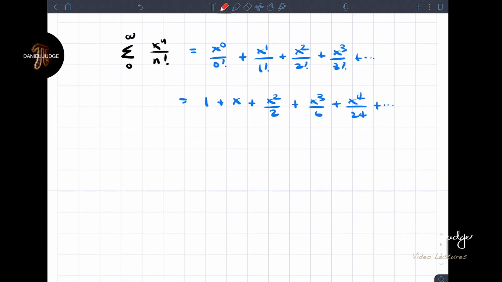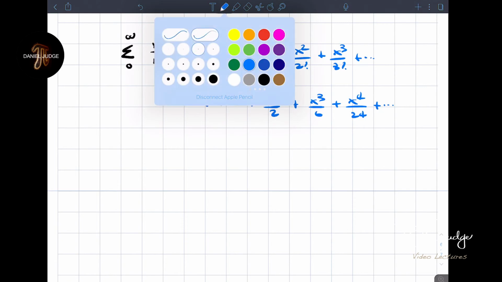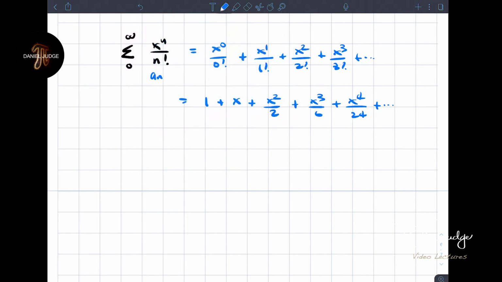So in this next example, we want to look at the values of x for which we have convergence. And again, as you can probably see, the ratio test. So a_n will be x to the n over n factorial. The next term is x to the n plus 1 over n plus 1 factorial.